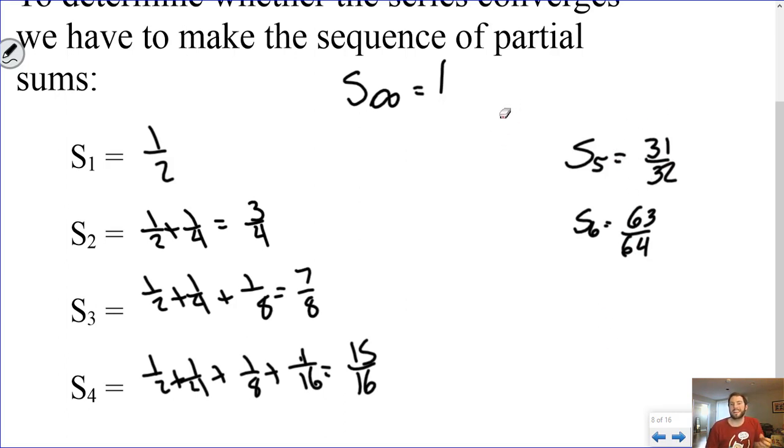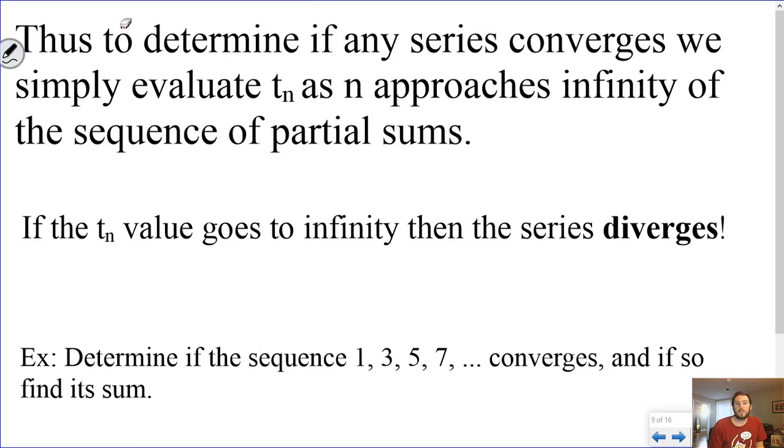But if we're looking at the infinite series, again with this idea of limits where we're looking at a pattern as to what it approaches, what we can say is that eventually this thing will just be 1.